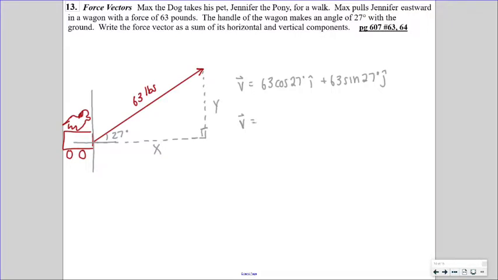I'm just going to type those into a calculator and get the answer. The hardest thing about word problems is figuring out what it's asking and then setting it up so everything makes sense. There we go: 56.13 i hat plus 28.60 j hat.